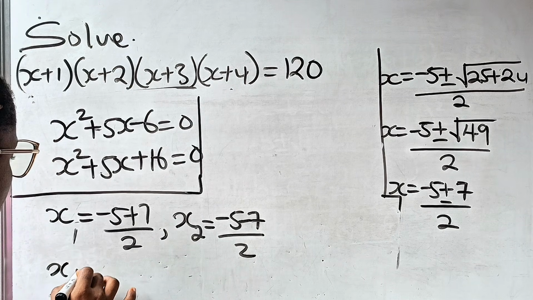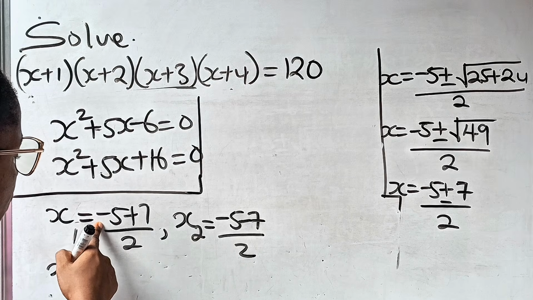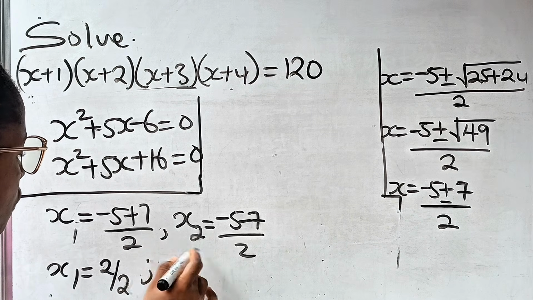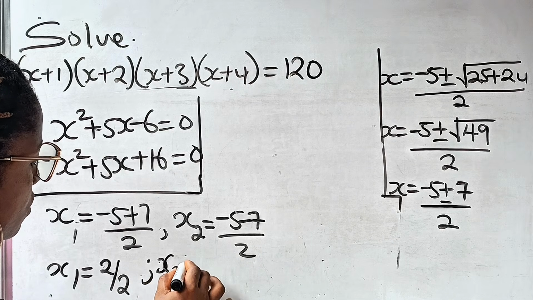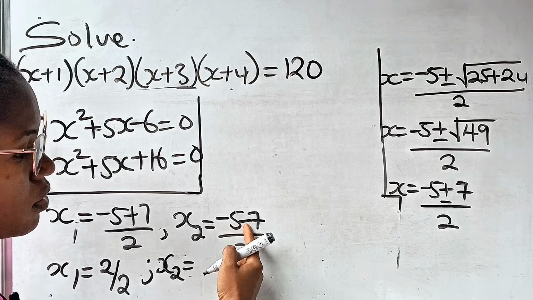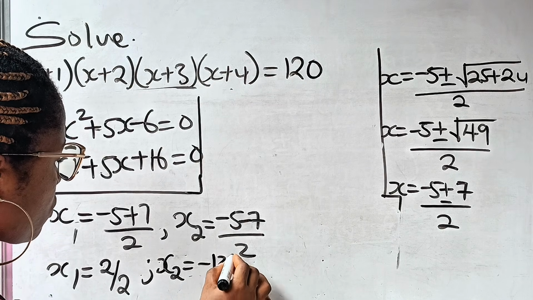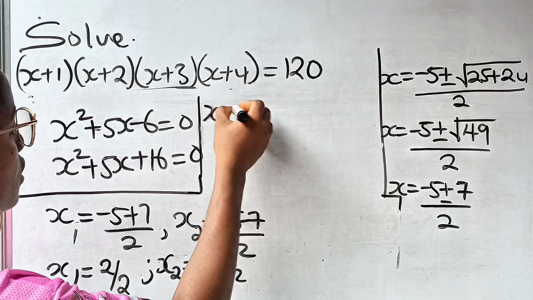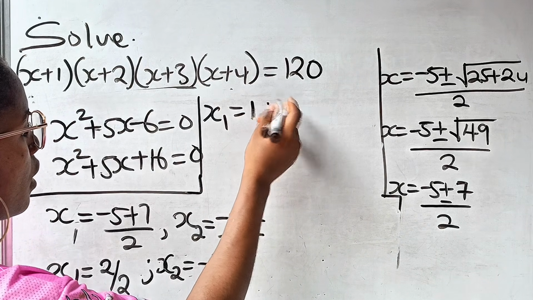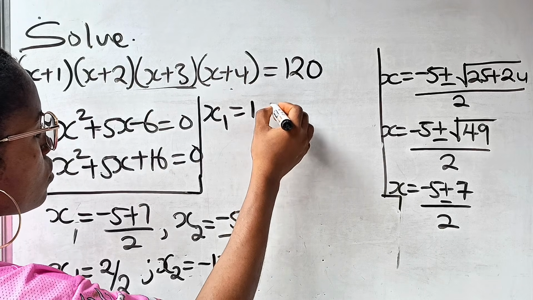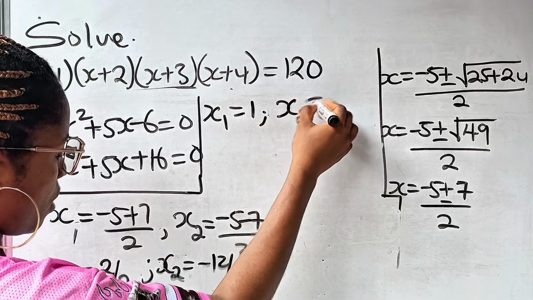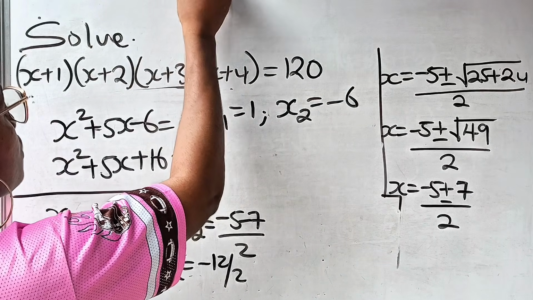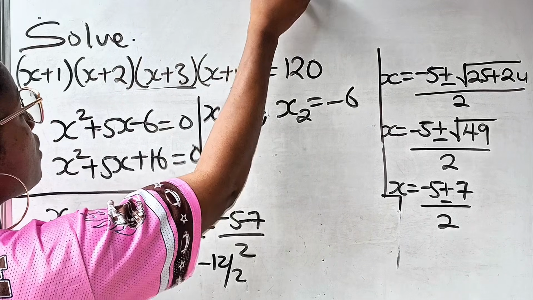If we solve x1, we will have 7 minus 5 is 2, so we have 2 over 2. And for x2, minus 5 minus 7 is minus 12, minus 12 over 2. Therefore, our x1 is equal to 1 and our x2 is equal to negative 6. So we'll write it somewhere: x1 is 1, x2 is negative 6.